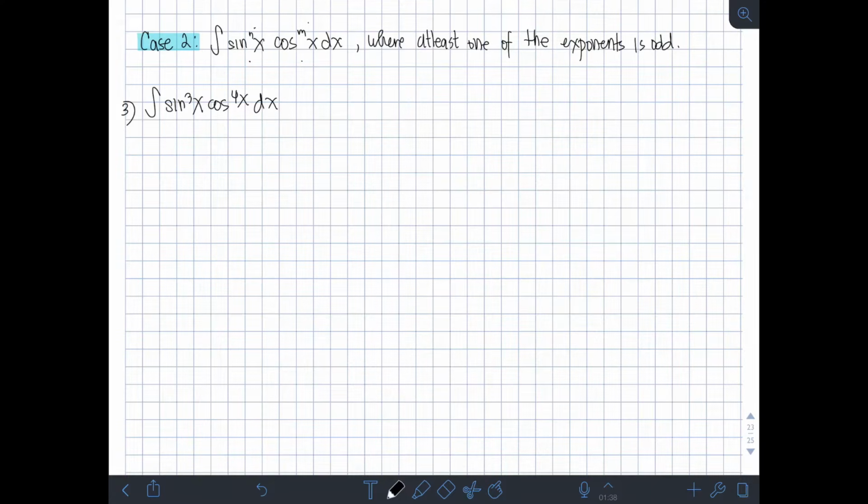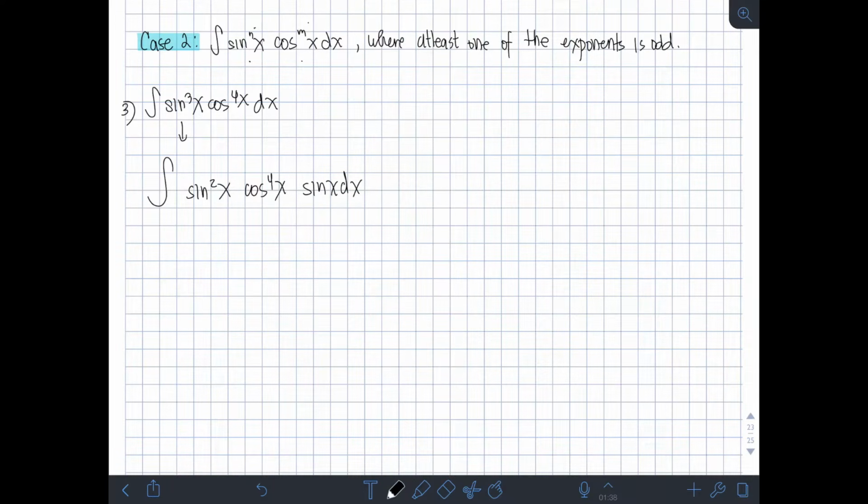So, pag gano'n, ipa-priority nyo na doon sa merong trigo function na odd exponent. So, this time sine, right? Kukuha kayo ng isang exponent doon and then yung matitira is magiging even, right? So, gagawin nyo, integral ng sine squared x cos to the 4th x sine x dx.